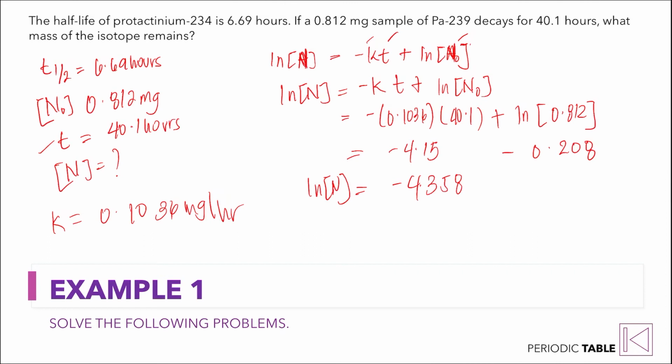So kapag nakita nyo na yung shift ln, mapapansin nyo meron kayong function na e. Okay, so yun yung anti-ln functions natin. So in order for you to get the anti-ln function, so this left side magiging n lang siya, and then magiging e raised to negative 4.358.